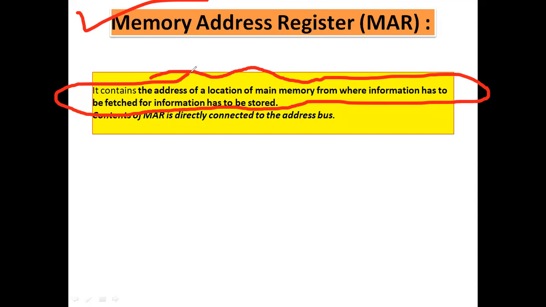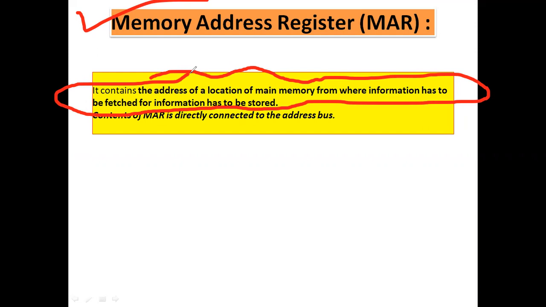It contains that location of memory, main memory of course, जहां से वो इंस्ट्रक्शन और इंफॉर्मेशन को हम फैच करेंगे और जहां हम इंफॉर्मेशन को स्टोर करेंगे. ठीक है, it contains the address of main memory from where information has to be fetched.